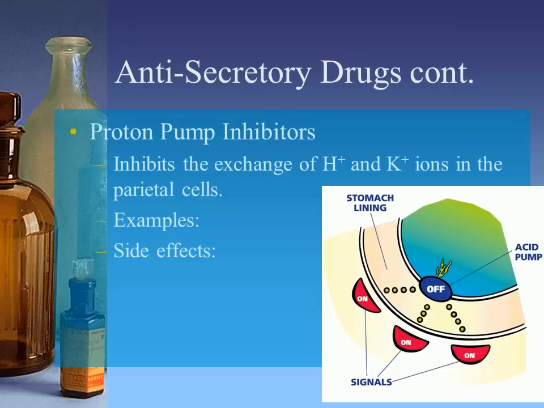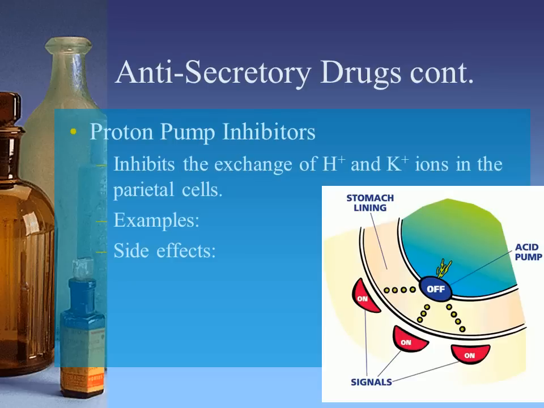And omeprazole, which you might know as Prilosec, was the first one that was approved for usage in the United States. And this class of drug directly inhibits the secretion of hydrochloric acid into the stomach.